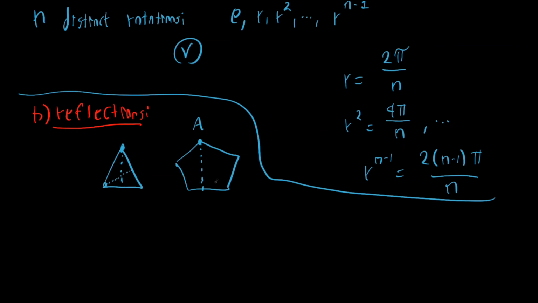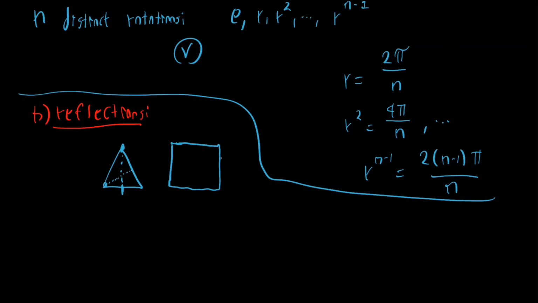The drawing is not really precise, but in the triangle you can see it a little better. Now let's consider a regular n-gon with even n, for example this square here.